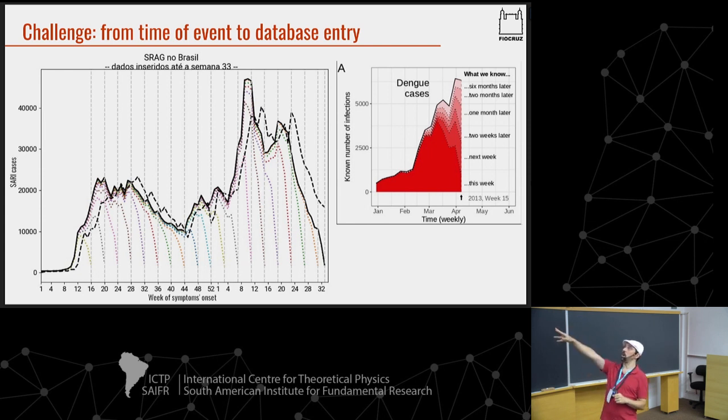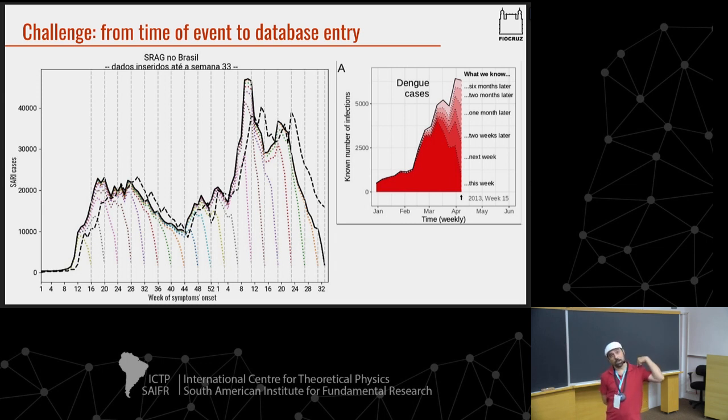So for instance, for SARI surveillance, we want to know whether those cases were influenza cases, COVID-19 cases, RSV cases, and so on and so forth. For dengue surveillance, we have more or less the same thing. We want to know whether it's actually dengue, if it's chikungunya, or if it's something else, right?